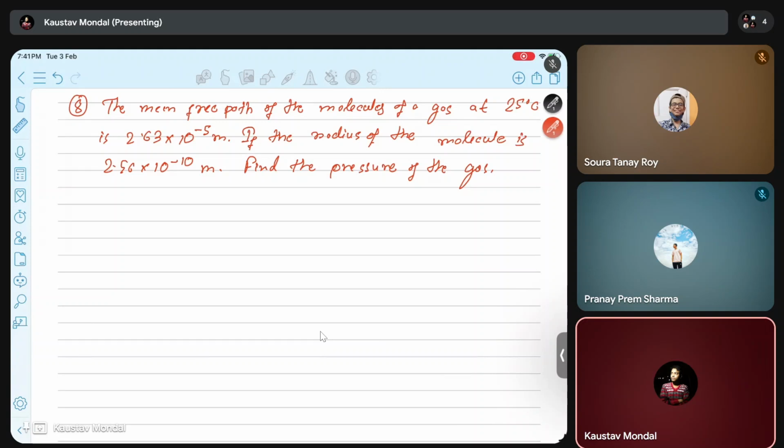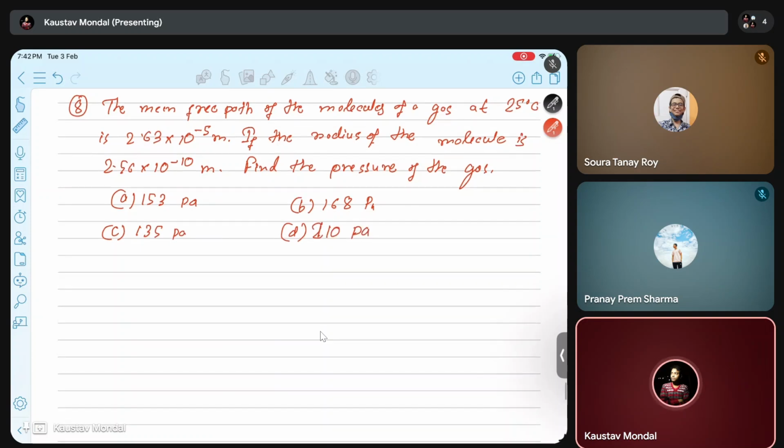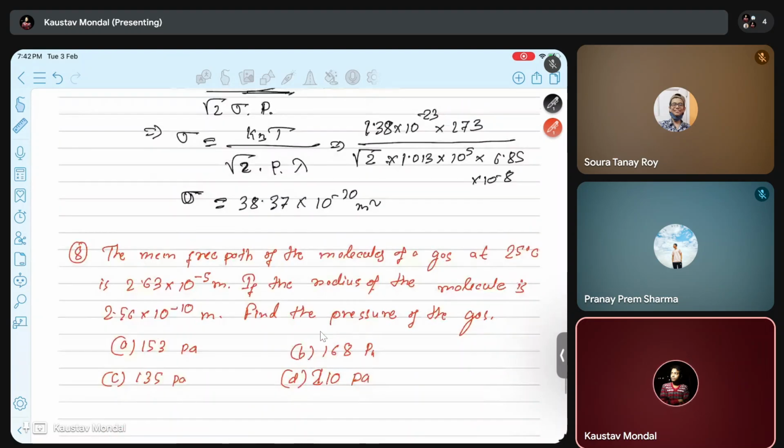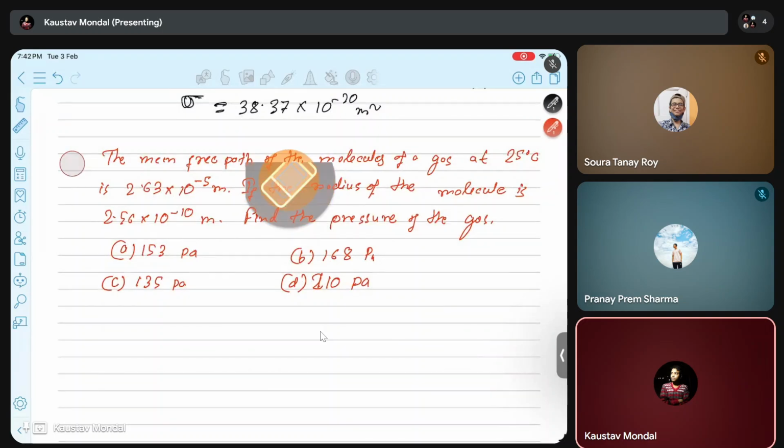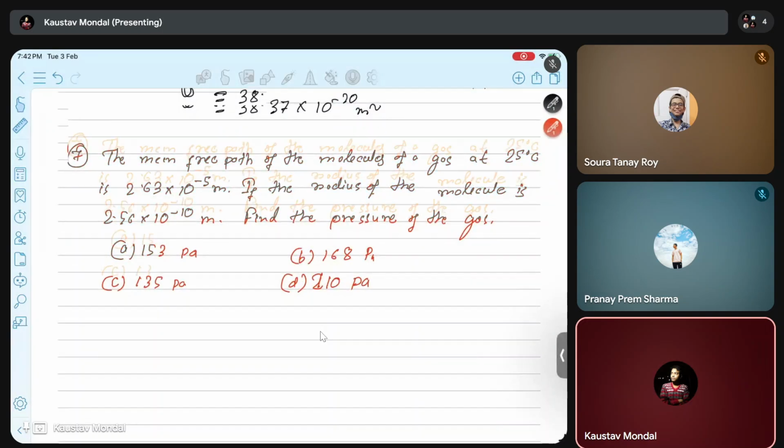The options are: option A, 153 Pascal; option B, 168 Pascal; option C, 135 Pascal; and option D, 210 Pascal. So these are the options given, and this is question number 7.